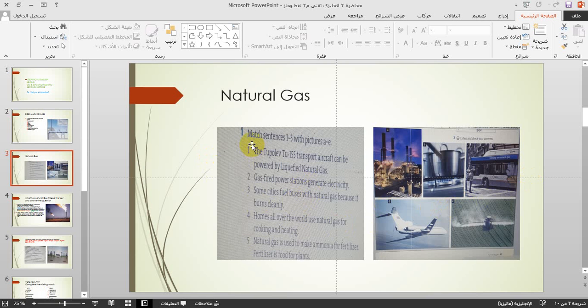Number 1: the Tupolev Tu-155 transport aircraft can be powered by liquefied natural gas, LNG. Of course, it's aeroplanes, so it's picture D. Number 2: gas-fired power stations generate electricity, and this is number A. So I have done 2, and the other 3 will be for you. It's easy.